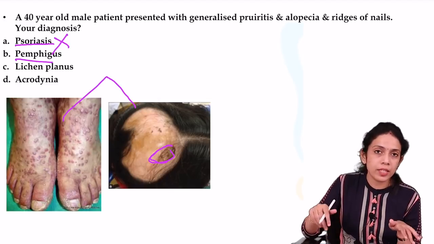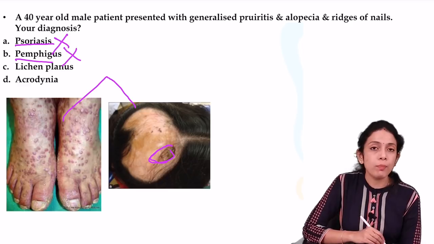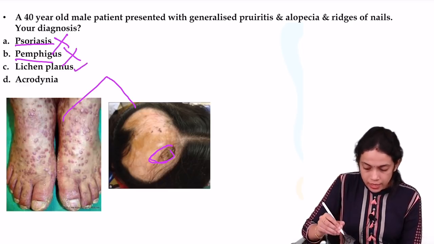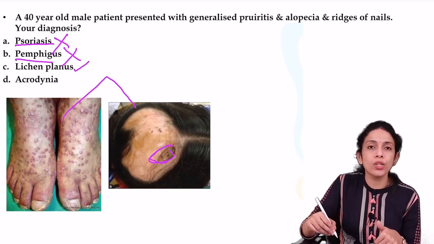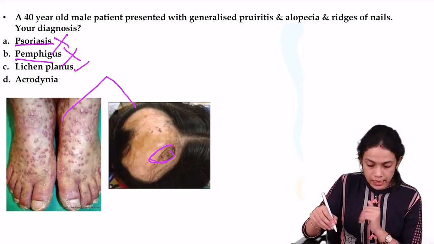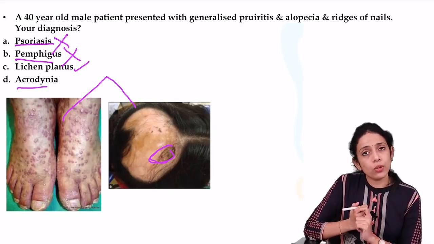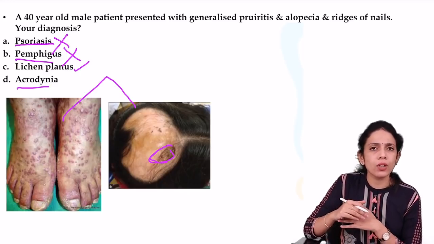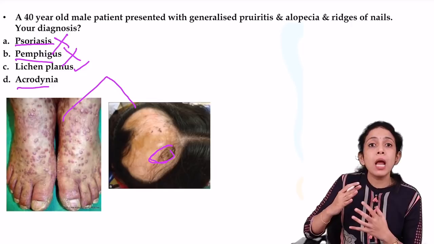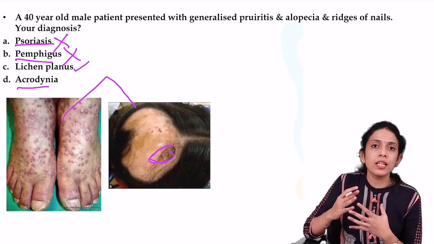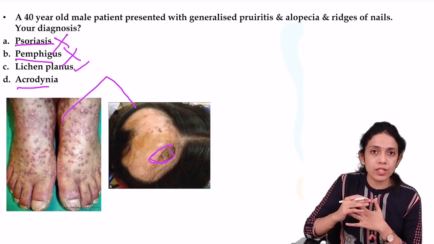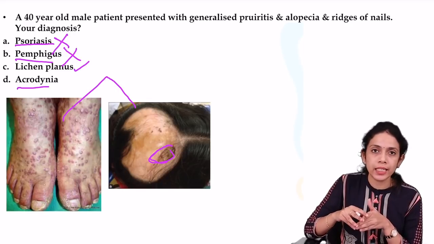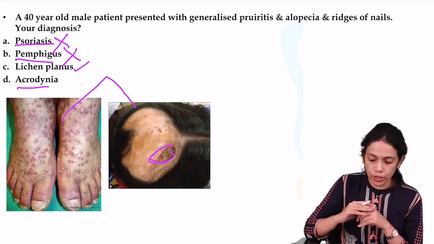None of that is presented here, so it is not pemphigus. Next, lichen planus, yes, I said it is lichen planus, especially of the skin and the scalp. We'll be discussing that further. Next, acrodynia. It can't be acrodynia. Why? Because in acrodynia, which is nothing but mercury toxicity, the patient will have a pinkish discoloration of the extremities, completely pinkish discoloration. Here it is not presented like that, so it can't be acrodynia, right?